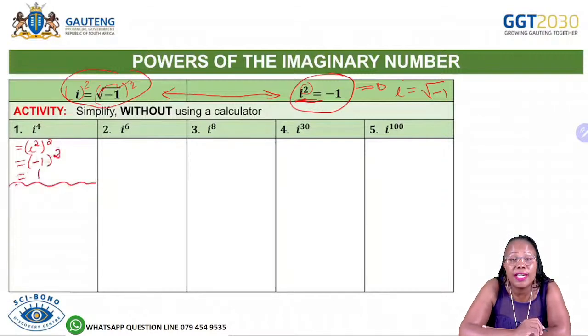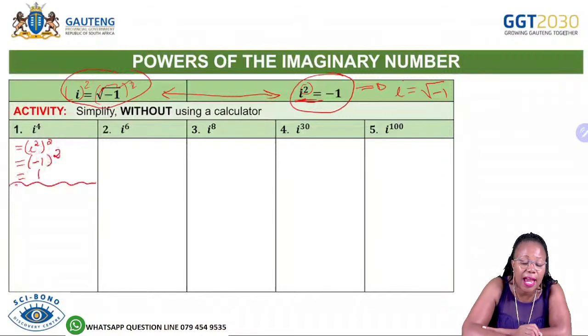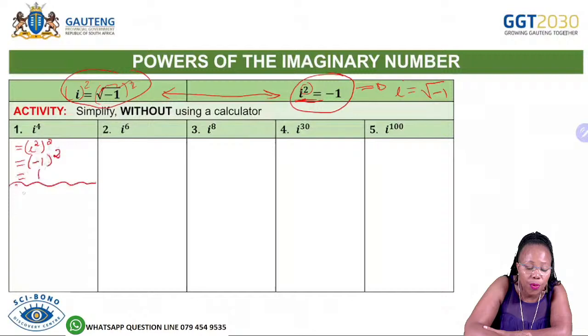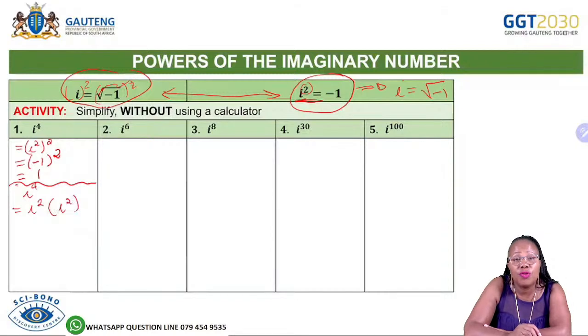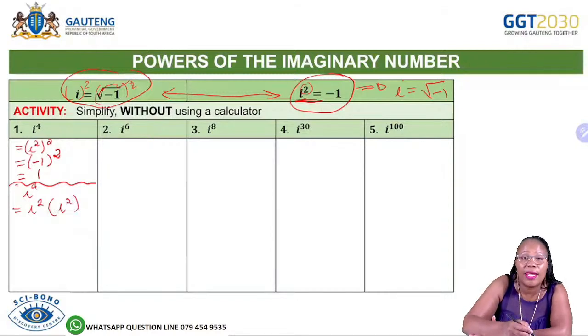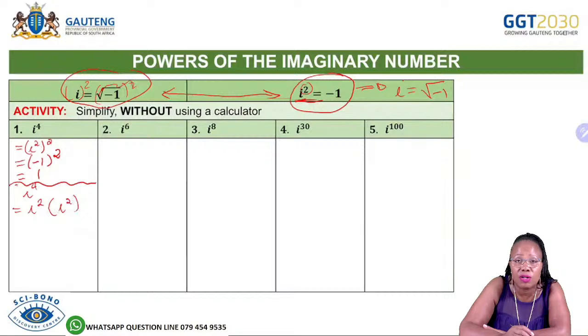And then alternatively, we can answer the same question now. Instead of writing i squared to the power 2, we can write this i to the power 4 as an i squared times an i squared. This is still i to the power 4, because when you multiply the same base, you add exponents. That is your exponential rules.